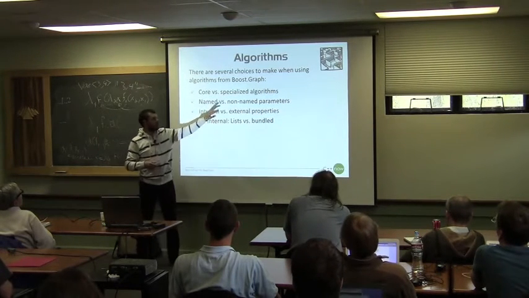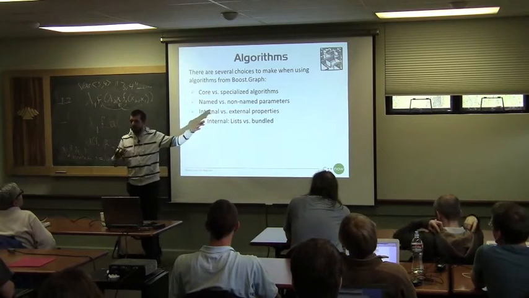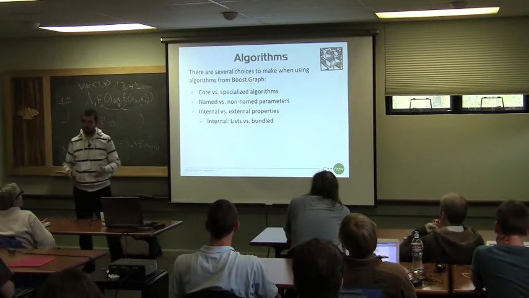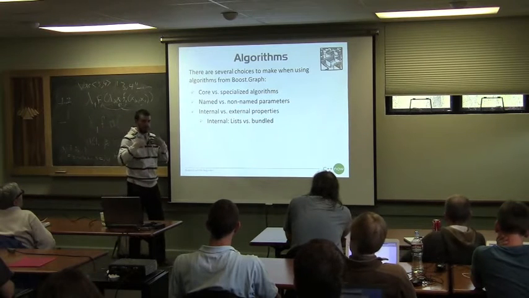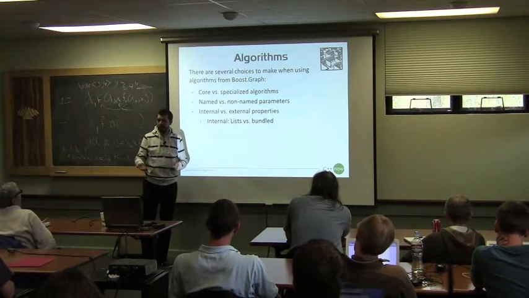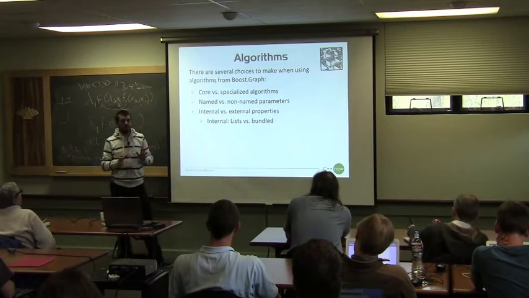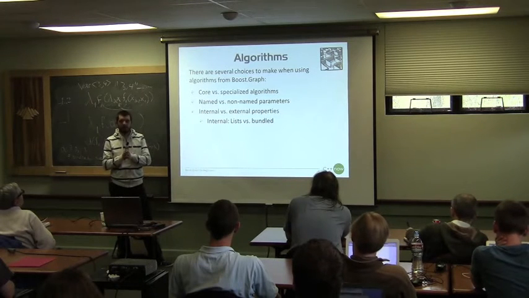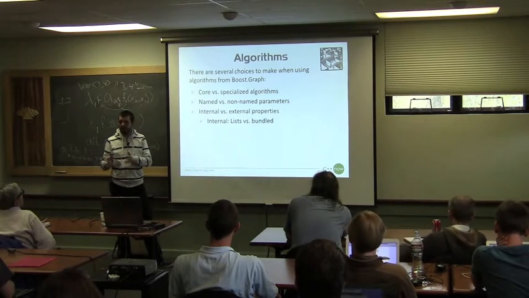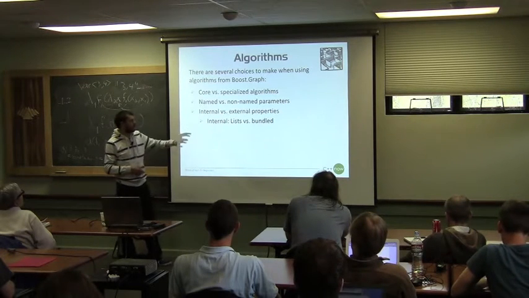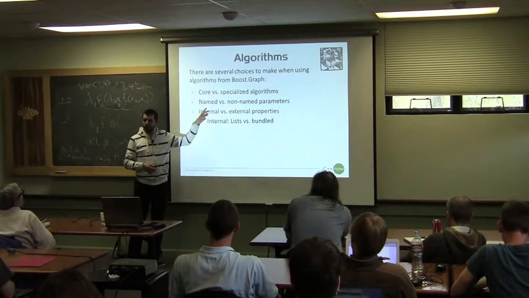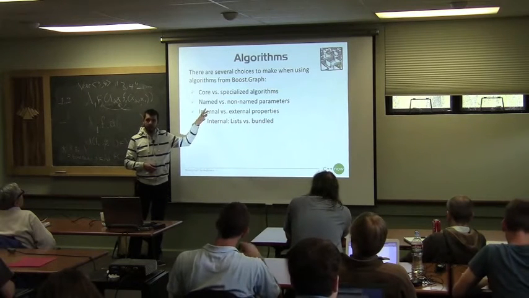That's the non-named version. That's what you normally do when you call a C++ function. There is a certain signature. A function expects 5 parameters, so you just have to pass 5 values to it. But there are often situations where we don't care about a couple of these parameters, where we really want to pass only 1 or 2 parameters to the function. In this case, we can use the named version of the algorithm.